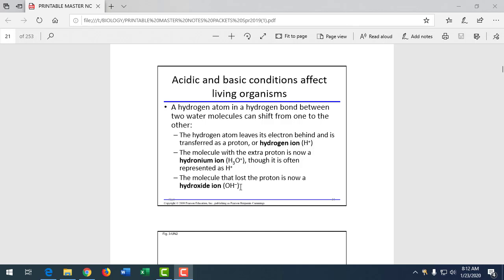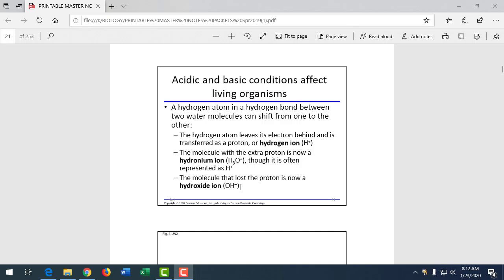So what happens when we have acid and base together? What is the pH? 7. It's neutral. When you have equal amounts of positive hydrogen and negative hydroxide ion, we say that solution is neutral.